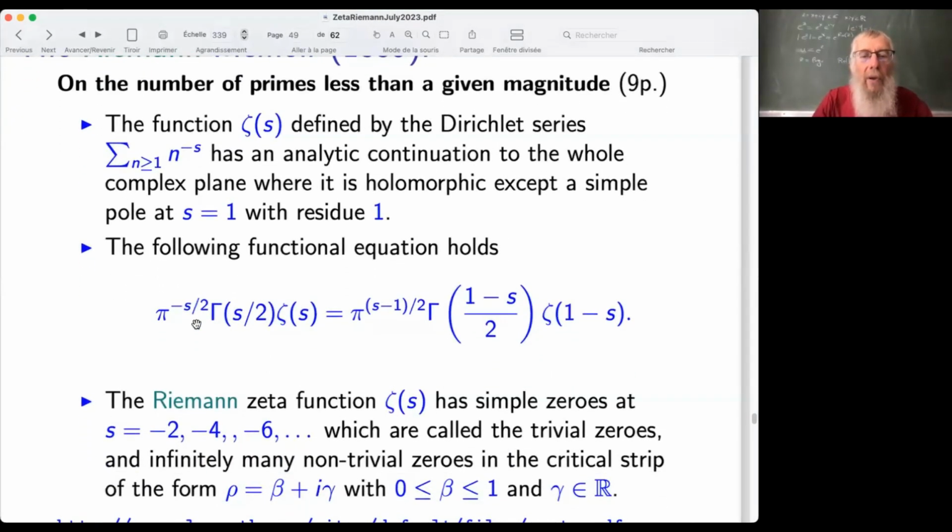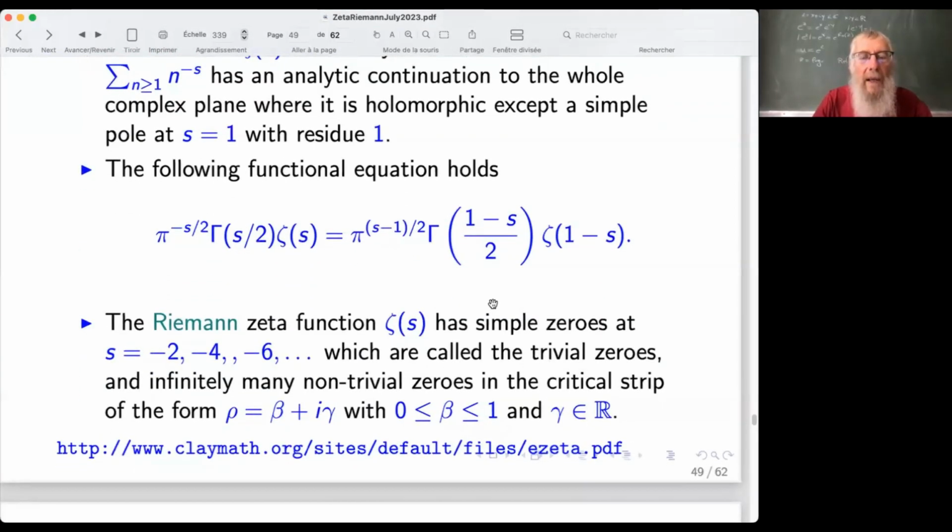He proves a functional equation, which is xi of s equal xi of 1 minus s, and which is written in this way, which is here. It is the same. He proved that this function, which of course he does not call the Riemann zeta function, has simple zeros at minus 2, minus 4, minus 6, and so on. These are the trivial zeros.